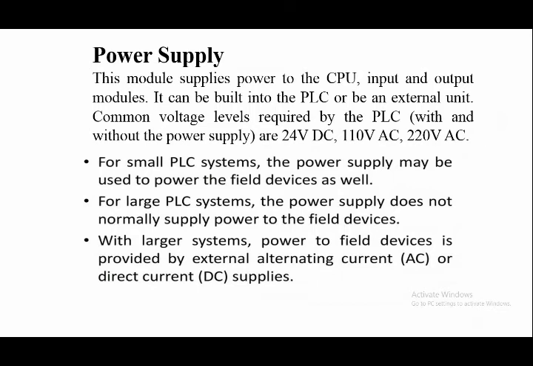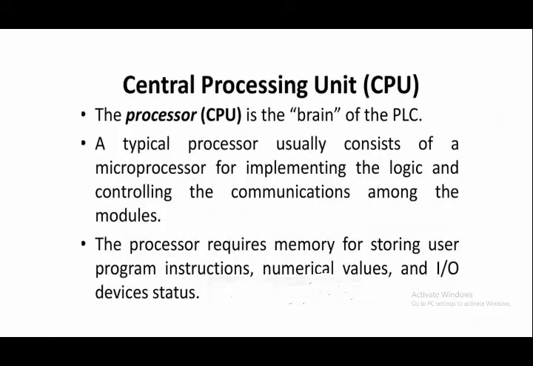For a small PLC system, the power supply may be used to power the field devices as well. For large PLC systems, the power supply does not normally supply power to the field devices. With large systems, power to field devices is provided by external alternating current AC or direct current DC supplies.